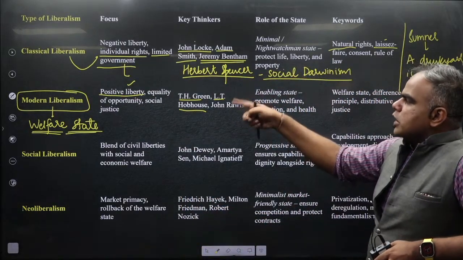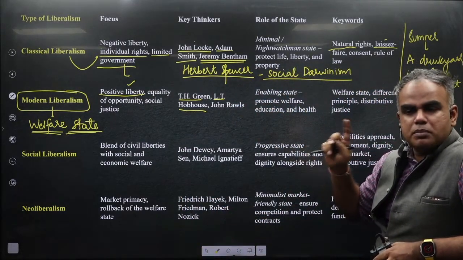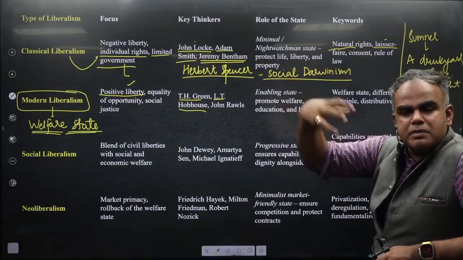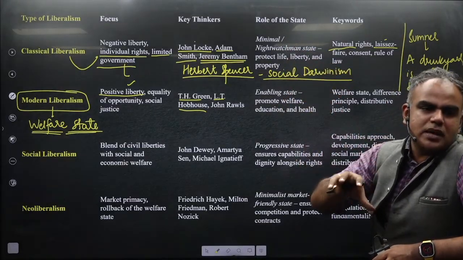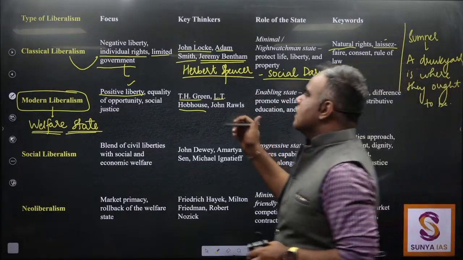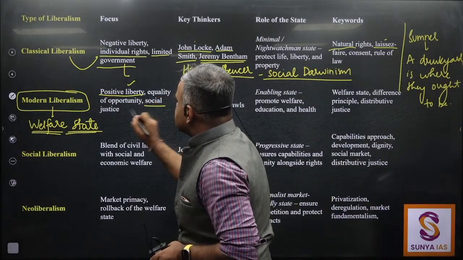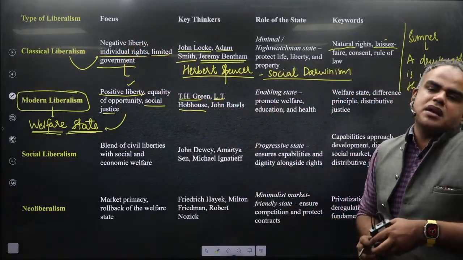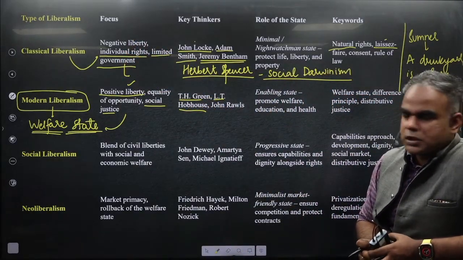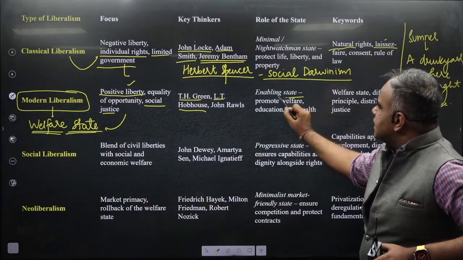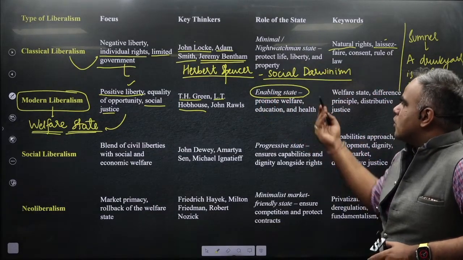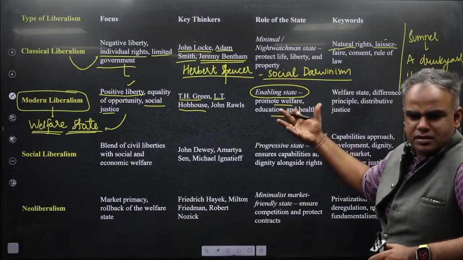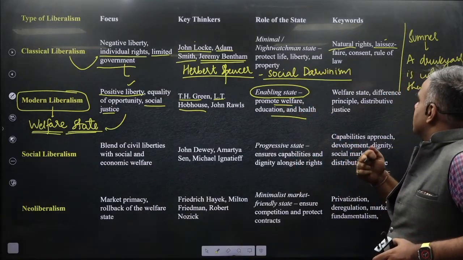Now they will talk about equality of opportunity and social justice, but they will also mix in elements of classical liberalism as well. They will simply say, if we don't talk about social justice or the welfare state, we cannot take into account the inequalities that are present in the world. What should be here? The state should be here, an enabling state has to be there. Promote welfare, education, health. This is what we understood, right?